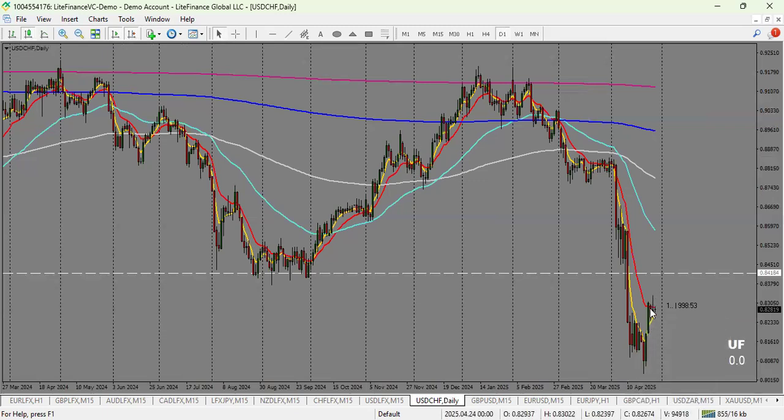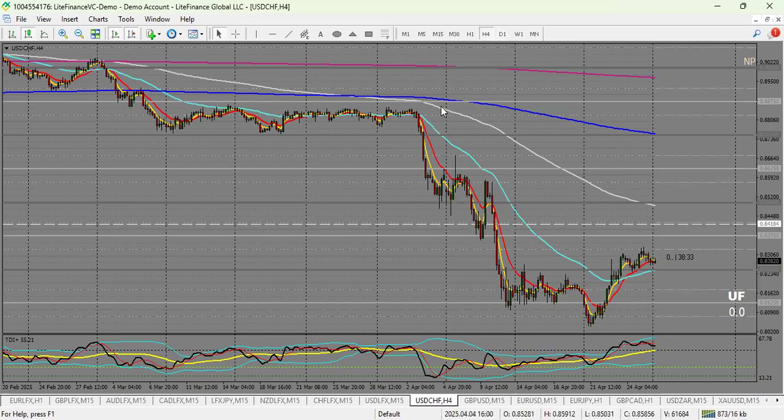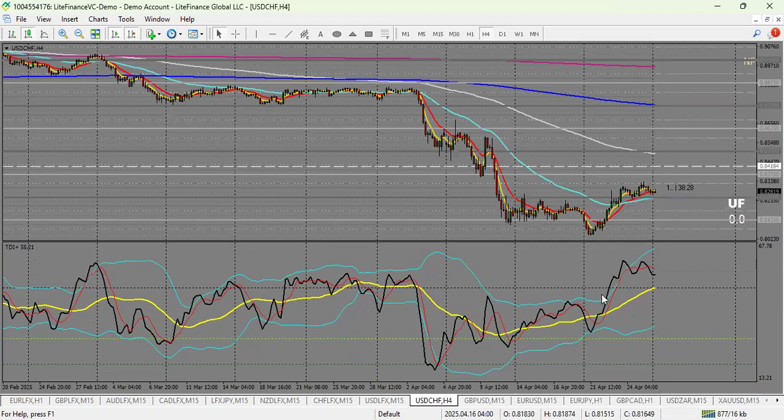So it is not confirmed yet, and we can see this was the Friday candle, and it is still looking bullish. I think we need to go to a lower time frame to confirm this.